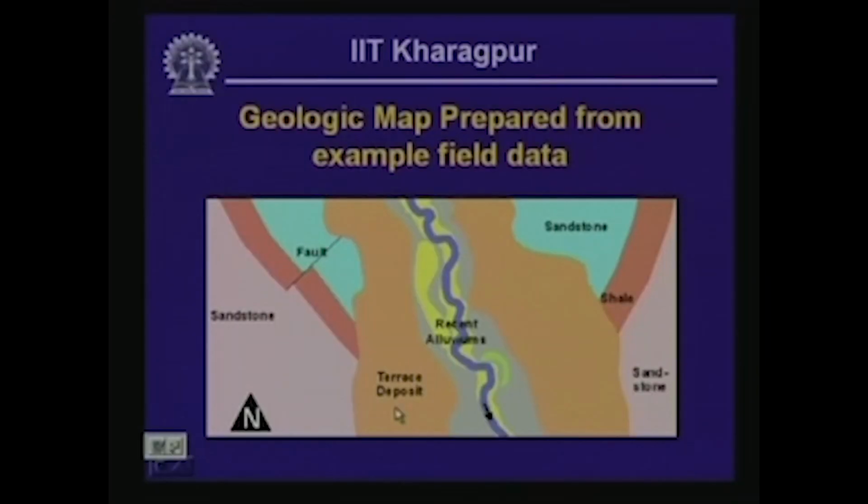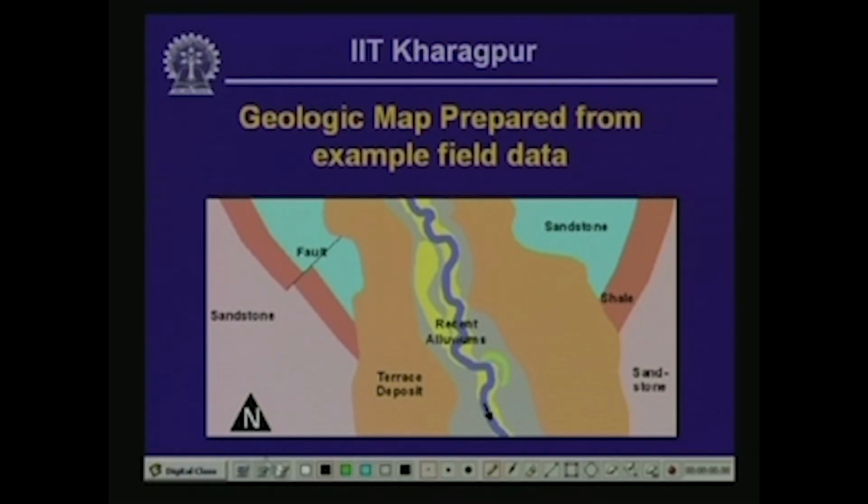This slide shows the interpretation of the data that was available in the previous slide. Here we have identified the map areas covered by different geologic units. You can see the sandstone outcrop at the fringes to the left and right of this map, as was identified by the engineering geologist from the reconnaissance survey.